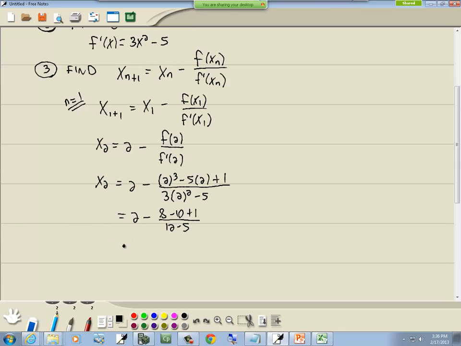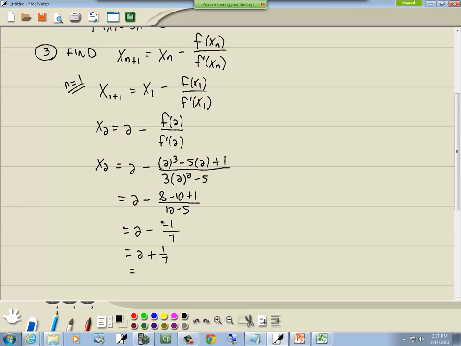which gives us 8 minus 10 is negative 2 plus 1 is negative 1. 12 minus 5 gives us 7. So we got 2 plus 1/7. And oftentimes they put this into decimal form, so I'm going to get my calculator here.